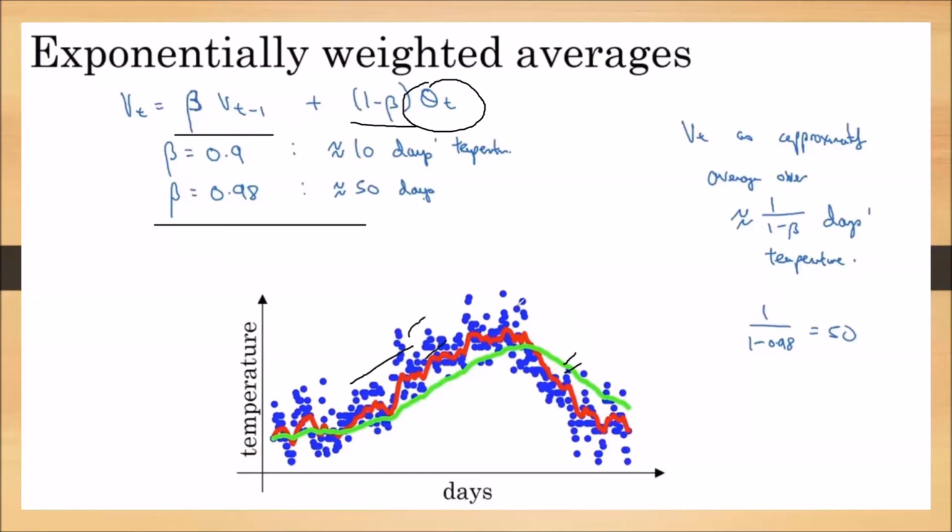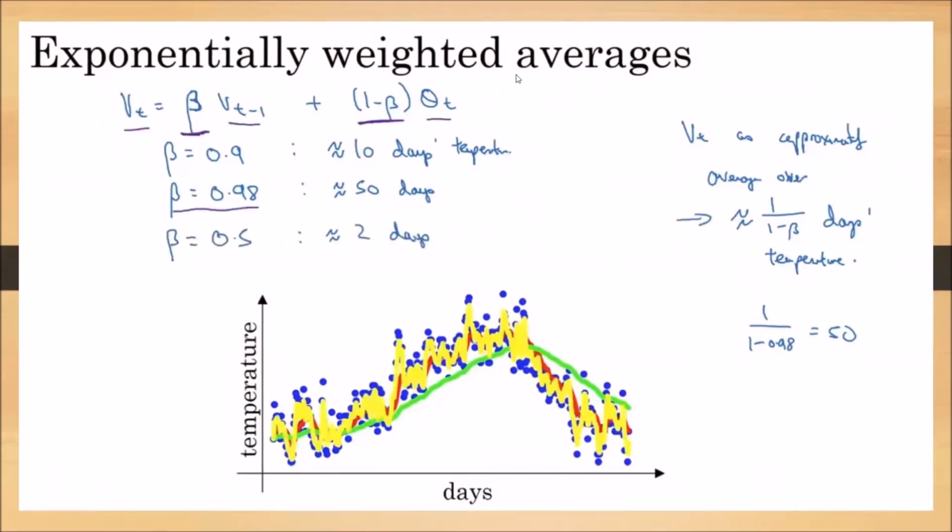You can observe everyday temperatures are represented by blue circles, but this green color graph is deviating from those blue color circles because the weight for the present day temperature is 0.02 only.